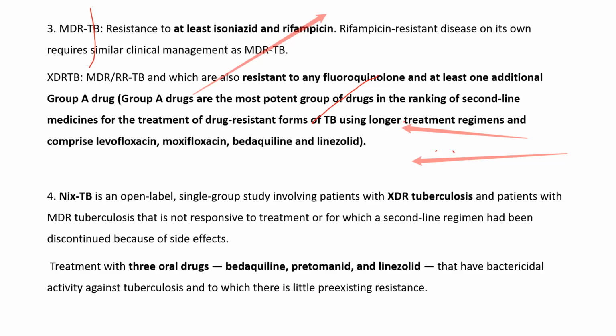Most of the time we will diagnose tuberculosis and send for treatment, but you should know what regimen they are going to get, and the definitions of multi-drug resistant and extensively drug-resistant. These are all given in the National Tuberculosis Control Program; there is a protocol, and it is completely given.